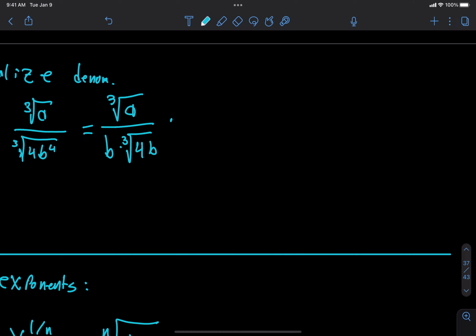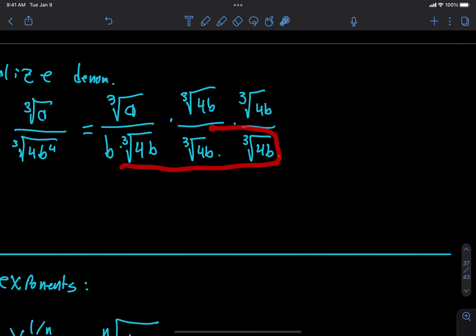So I'm going to multiply top and bottom by cube root of 4b. Actually, I'm going to multiply times the cube root of 4b twice. Why twice? Because it's a cube root, and I want 3 total multiplications in the denominator in order to get rid of it.